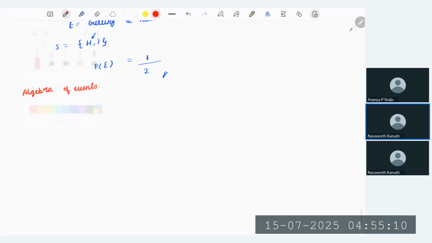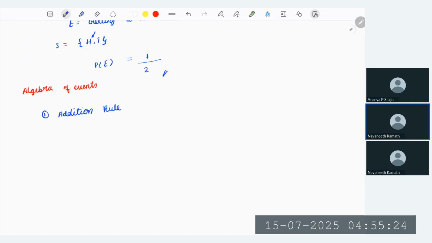In that, we have first the addition rule. Addition rule is the probability of union of two events, that is equal to probability of A plus probability of B minus probability of A intersection B.